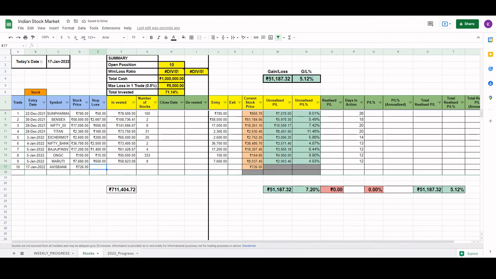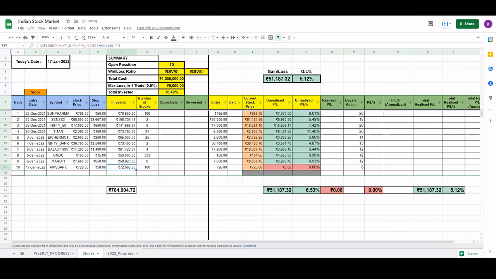So if it's 50, I think with the risk appetite what we have, which is 0.5% of the trade, which is 5,000, so we will see around 100 stocks. If we put 50, yeah, we can actually trade 100 stocks for this lot, and we have invested 72,000 today.